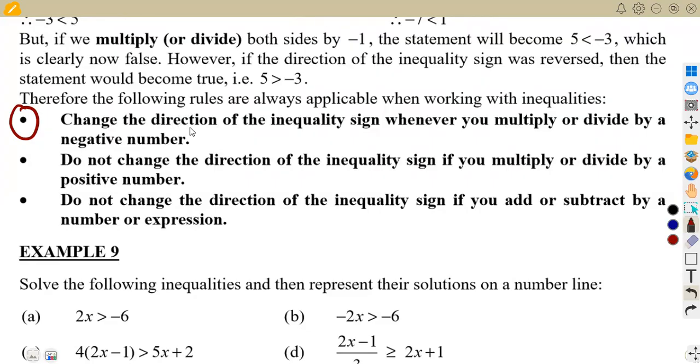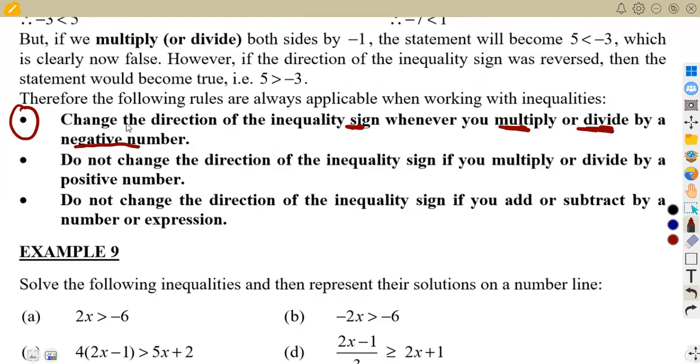We can only change the direction of the inequality sign whenever we multiply or divide by what? By a negative number. The inequality sign reverses, or changes its direction. But this does not change if we multiply by a positive number.